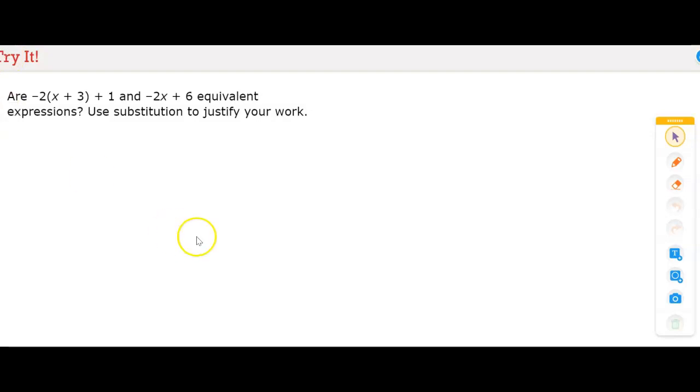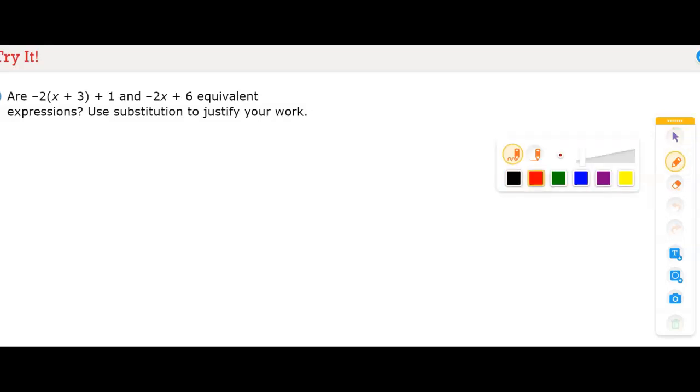Are negative 2 times the quantity x plus 3 plus 1 and negative 2 times x plus 6 equivalent expressions? Use substitution to justify your work. So we need to use substitution, they tell us.